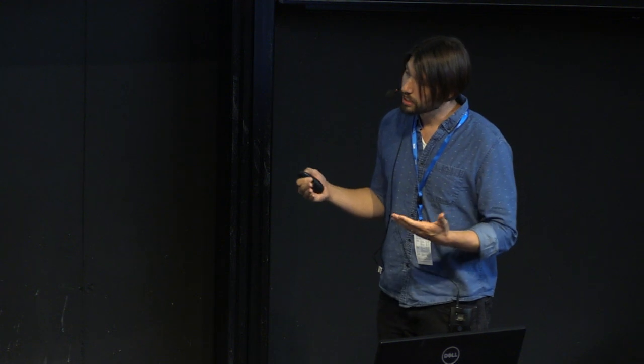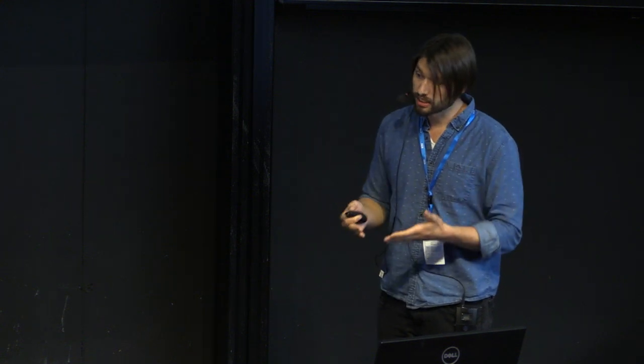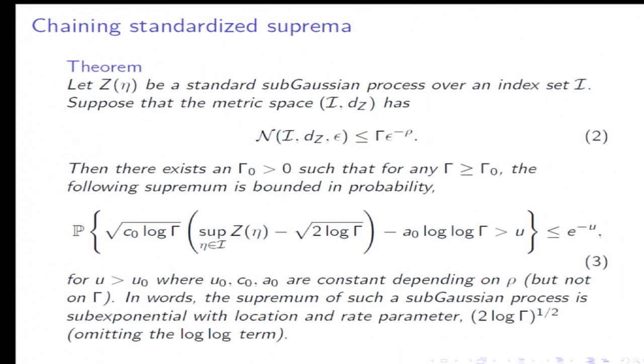But the scan statistic actually requires that the maximum is concentrating more tightly than we would get out of a standard result like Talagrand's chaining, right, or the generic chaining. So to prove this, and this is a lemma for our purposes, we need a much more precise chaining result for sub-Gaussian processes.